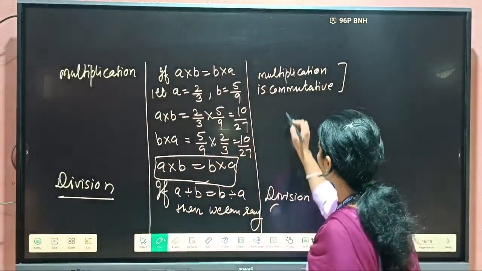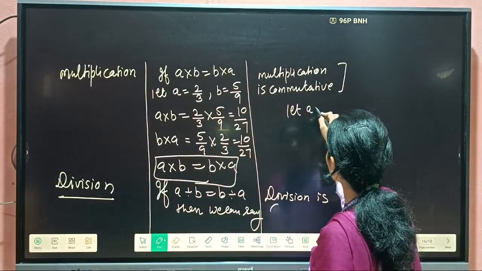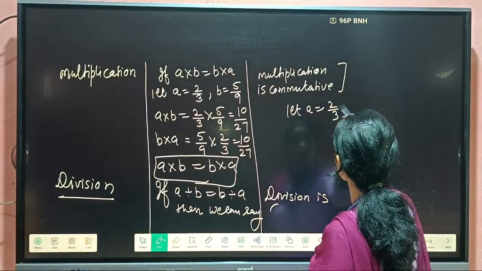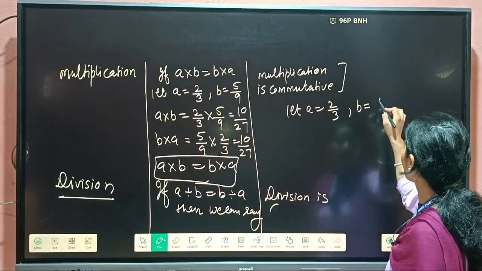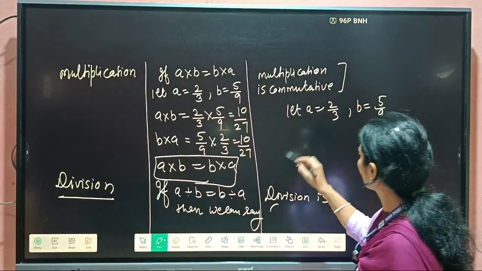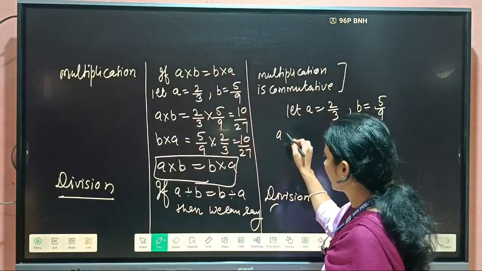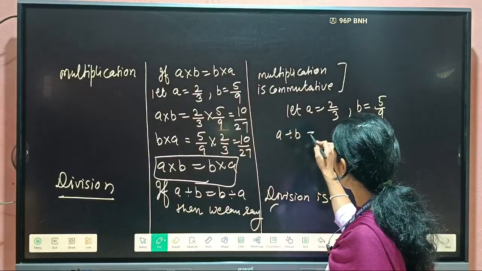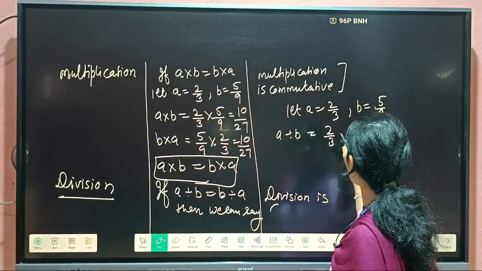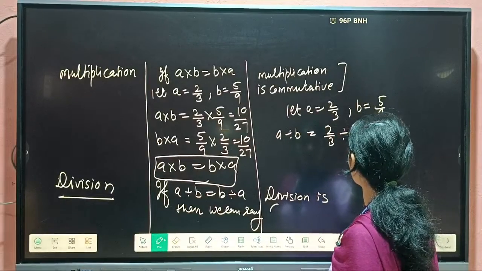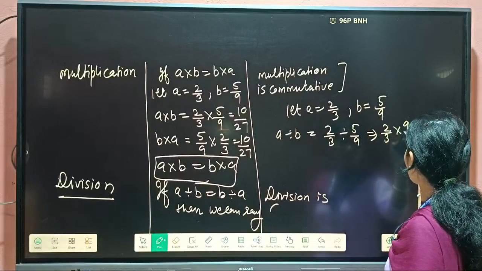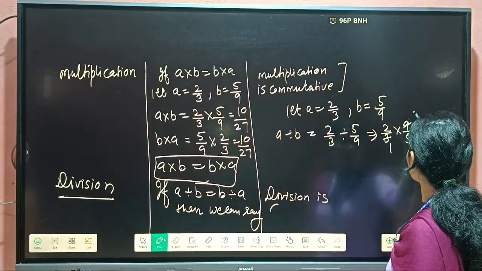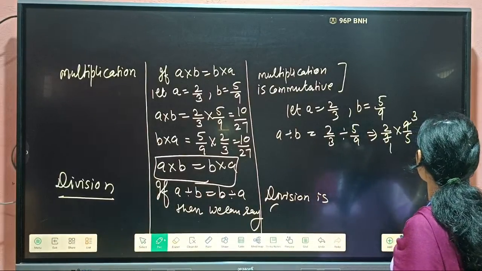Let A equals the same 2 by 3, any different example you can consider, and B equals 5 by 9. Find A divided by B: 2 by 3 divided by 5 by 9, that is 2 by 3 into 9 by 5. 3 1s are 3, 3 3s are 9. Answer is 6 by 5.